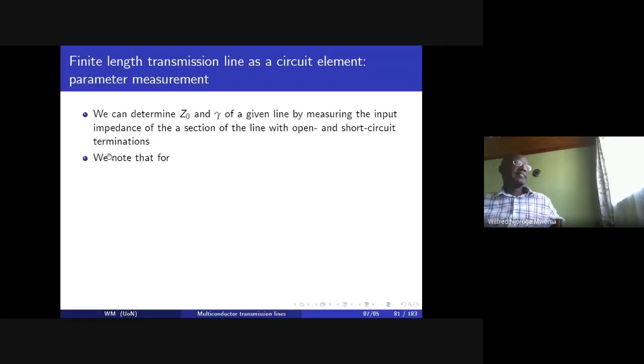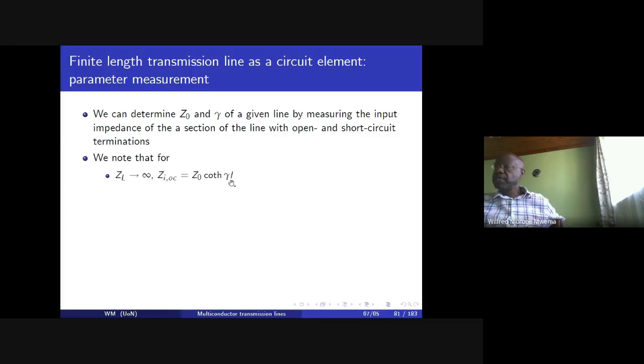So in the lab, we can determine the characteristic impedance and the propagation constant of a given line just by measuring the input impedance of a section of that line with open and short circuit terminations.